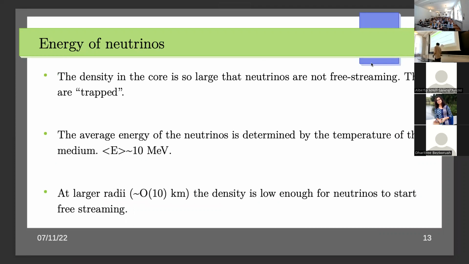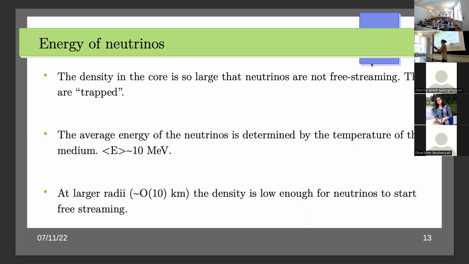Second point, what is the energy of the neutrinos? If we look at the interior of this core collapse supernova, the density is so large that the neutrinos are not free streaming. They are trapped. They are undergoing a random walk. So they are in thermal equilibrium with the medium. So the energy of the neutrino at a particular location is determined by the temperature at that location.